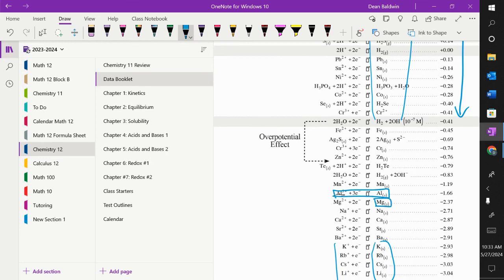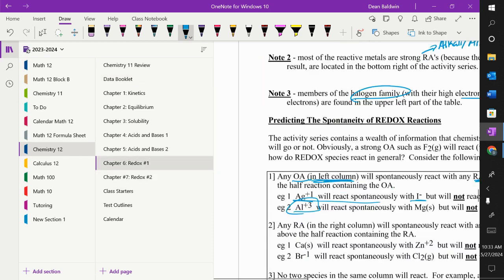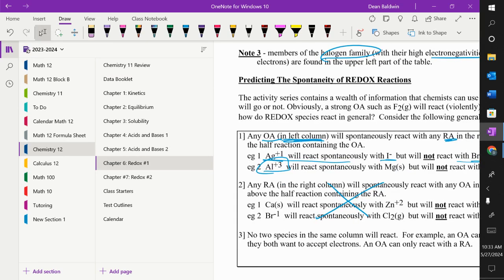It will react with magnesium metal, but not manganese metal, because that's above it. Anything below and to the right will react spontaneously. The other thing, I'm not going to worry about this bit. It's just saying it in the reverse order. So we're just going to go with the oxidizing agents on the left will react with anything below on the right.